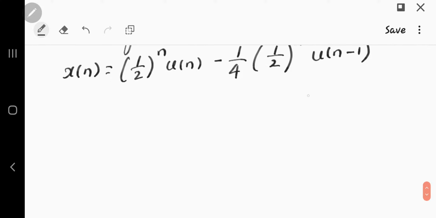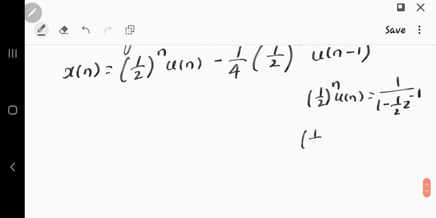Now for your information, I am just writing this 1 by 2 to the power of n into u of n. If you take z transform for this, it will be 1 divided by 1 minus 1 by 2 z inverse. Now if you take the time shifted version of it, then it will be z to the power of minus 1 into x of z, that is 1 divided by 1 minus 1 by 2 z inverse.